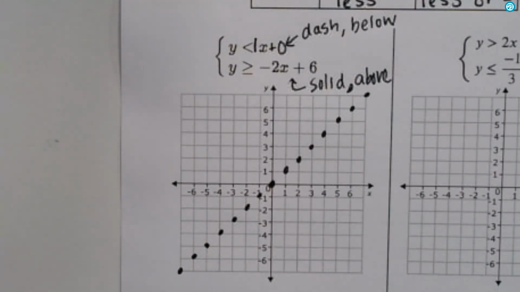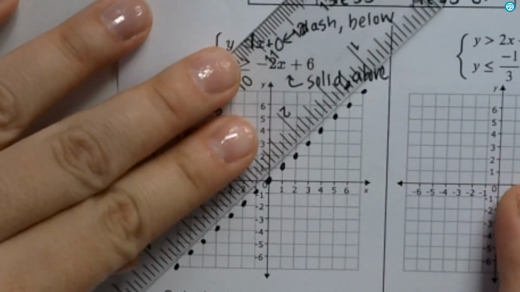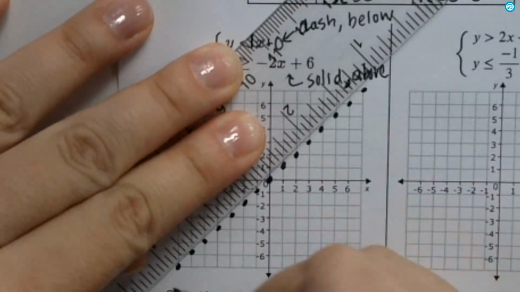Okay, then I'm going to connect that with a dashed line. And I'm going to give you some hints on shading here in a second, so don't shade yet.